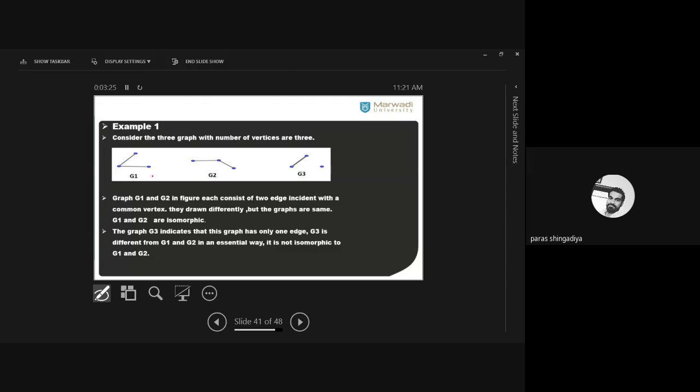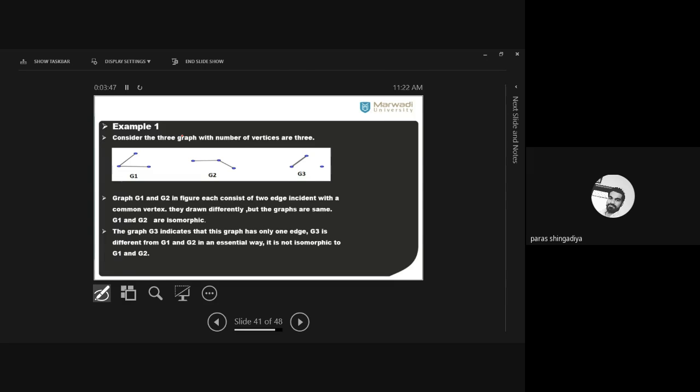Now the graph is simple here, three vertices and two edges only. But we have some graphs with more vertices and more edges. In such cases, this one-to-one correspondence relation is very important to verify whether they are isomorphic or not. Here you can directly compare that there are three vertices in both graphs and both have two edges.